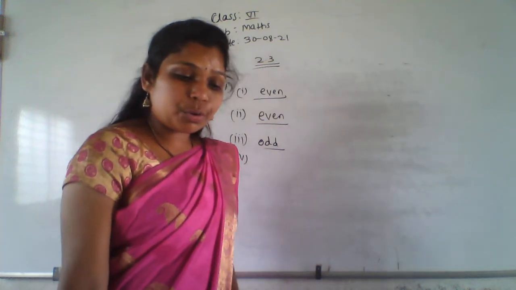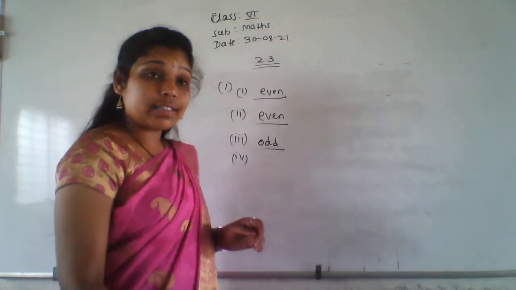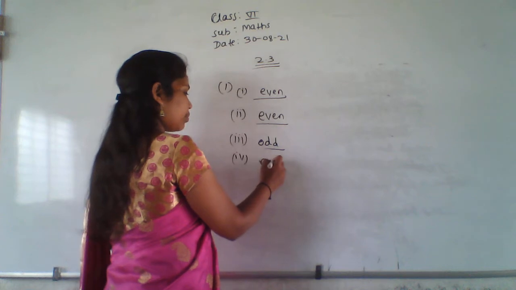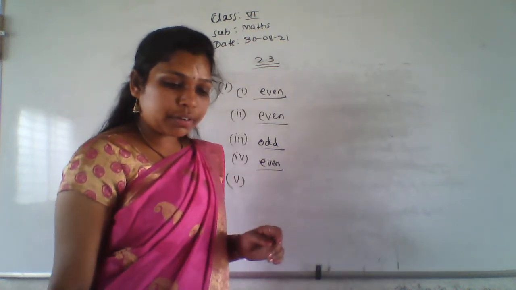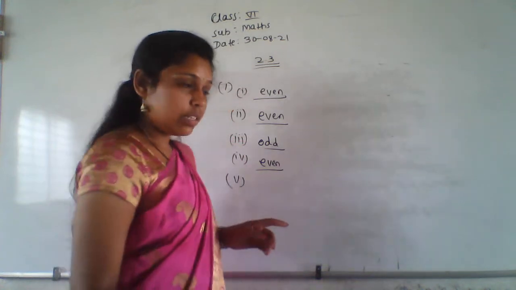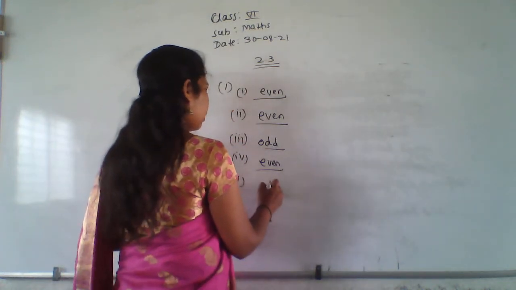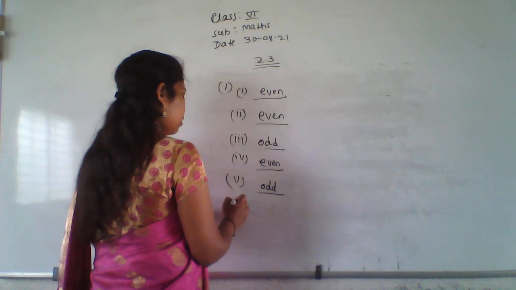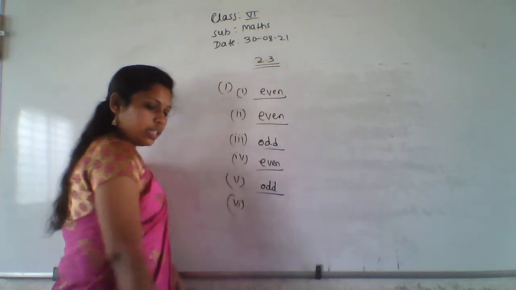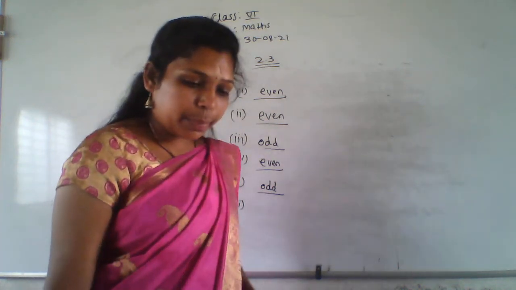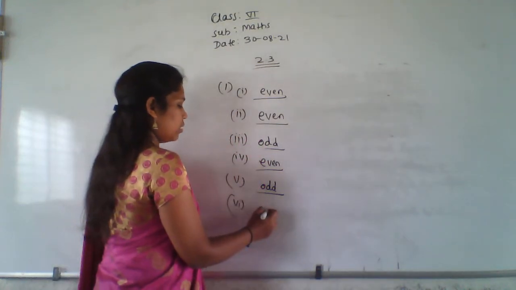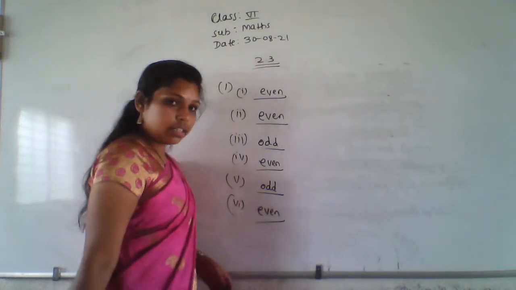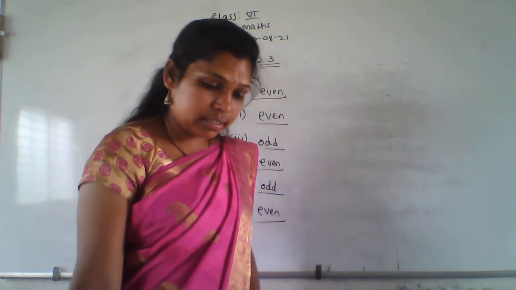The product of two even numbers is always even. Fifth one. The product of two odd numbers is always odd. Next, sixth one. The product of an even and an odd number is always even. Okay, these are the answers.